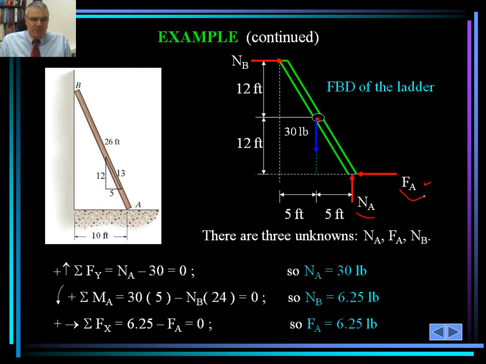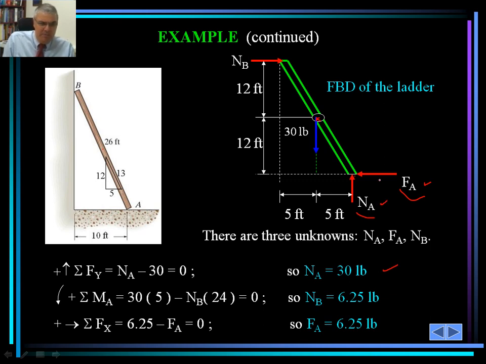We take the summation of forces in the y direction and set that to 0. N_A minus 30 equals 0. As such, N_A would be 30 pounds.